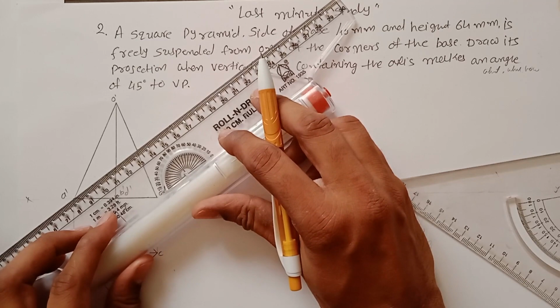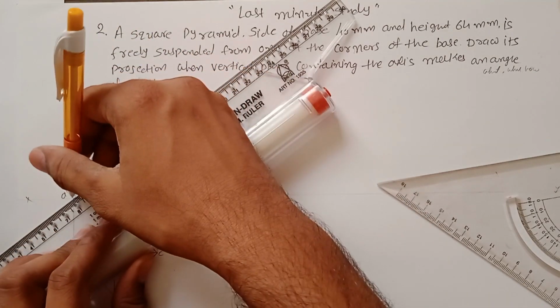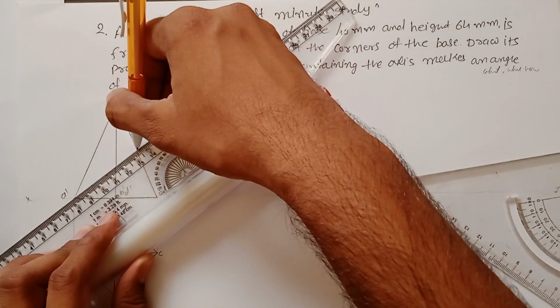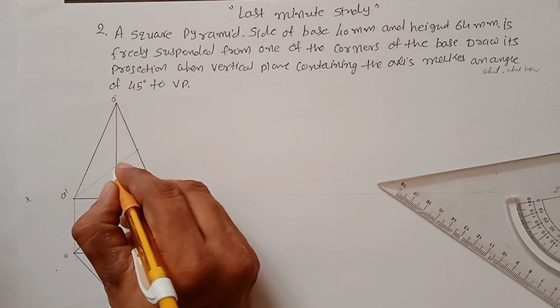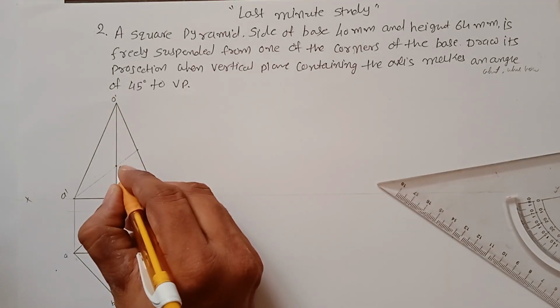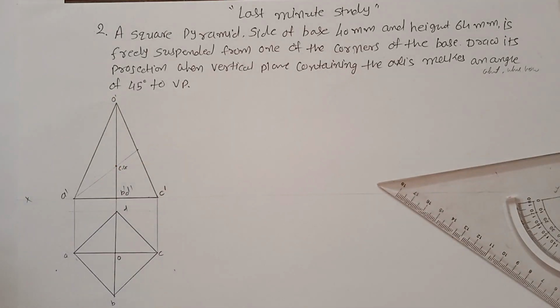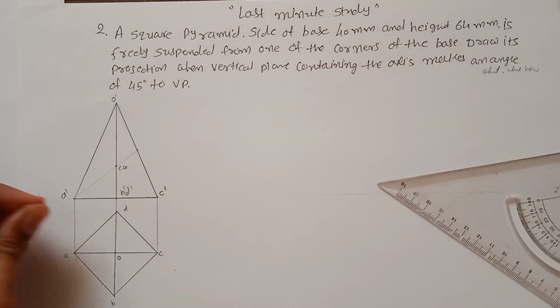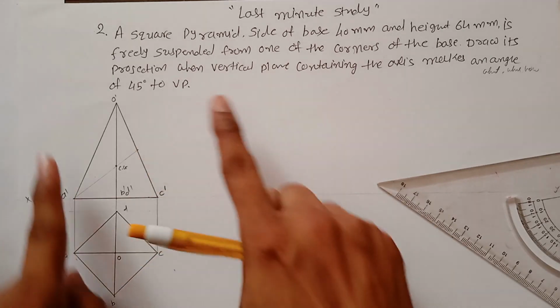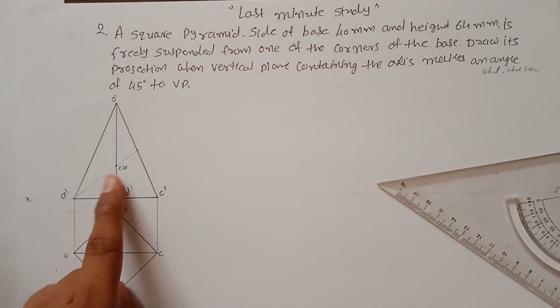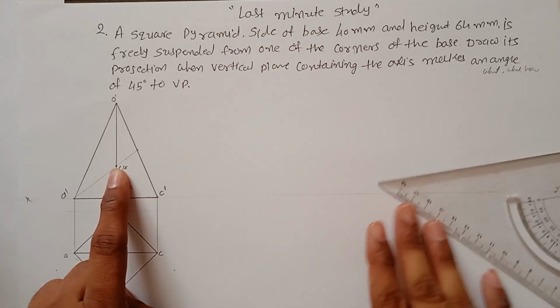You have to draw it as a very thin line, and this point is your CG point. Now if you pick your solid from this corner, this line becomes a straight line, because the center of gravity does its work, and it is freely suspended in the air.